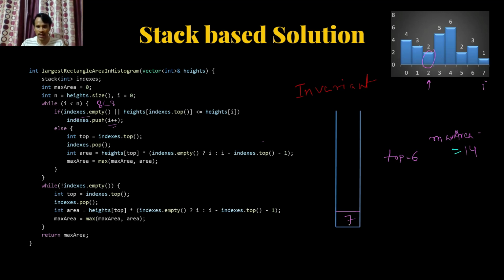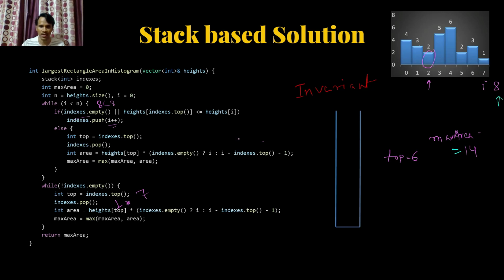So the stack has currently one element, the stack is not empty, the top element is 7, we pop the stack. Okay, we find the area using the height of the bar, which is 1 multiplied by, since the stack is empty, the value I is currently 8, right?